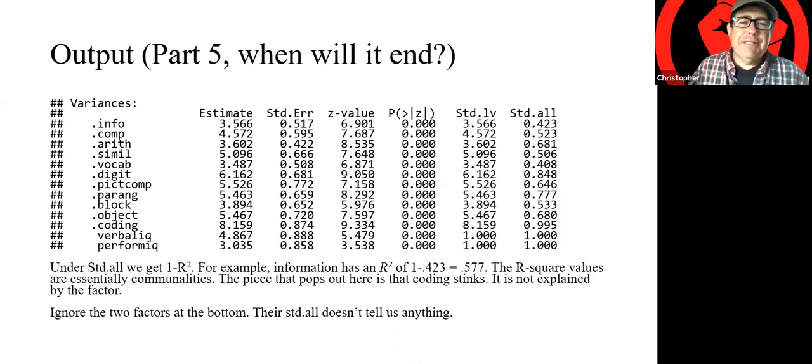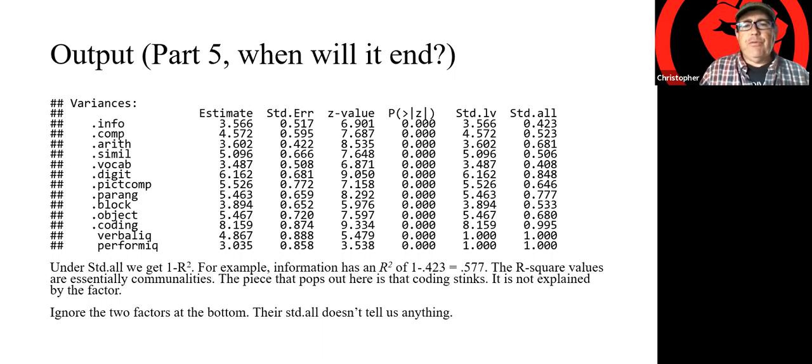Part 5, the output. You can see we get what are listed as the variances. That value, STD all, is in this case 1 minus r squared. It's an index of explanation of the variable.